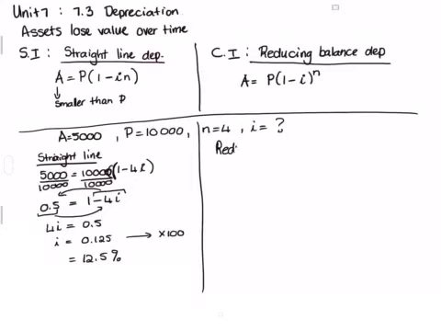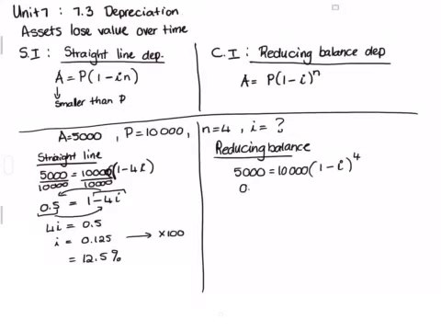Let's see what the reducing balance interest rate would have been if we had the same situation. So again, I would have had 5,000 equals 10,000 times 1 minus an unknown I to the 4.